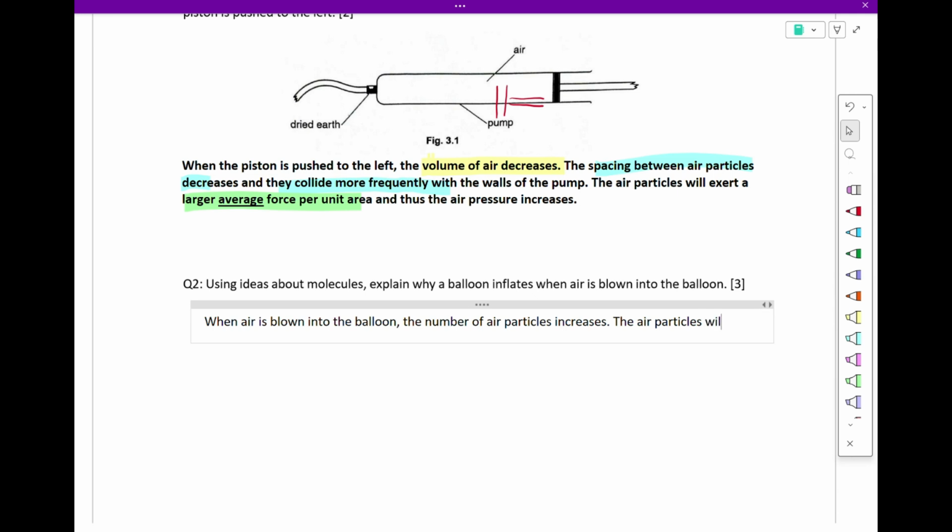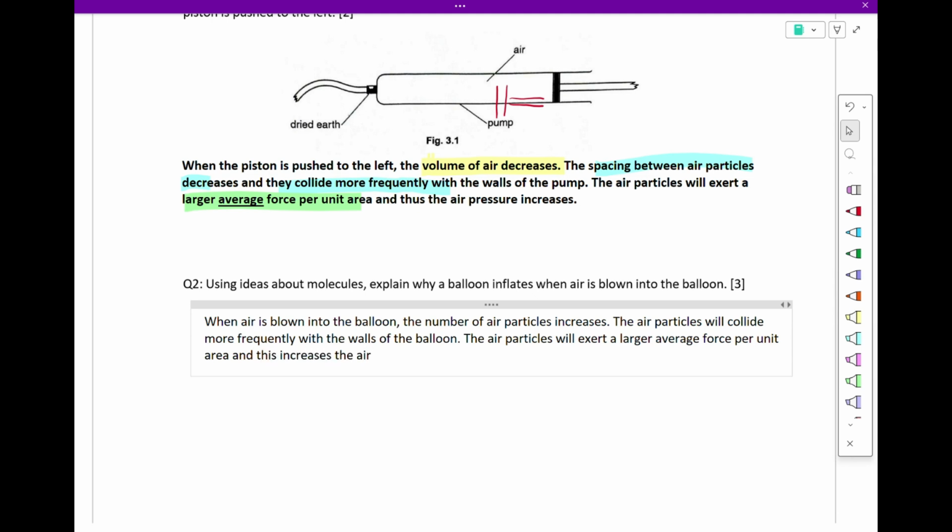The air particles will collide more frequently with the walls of the balloon, and thus the air particles will exert a larger average force per unit area, and this increases the air pressure within the balloon.